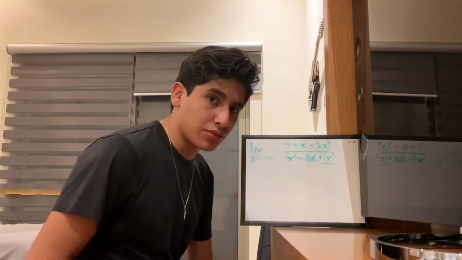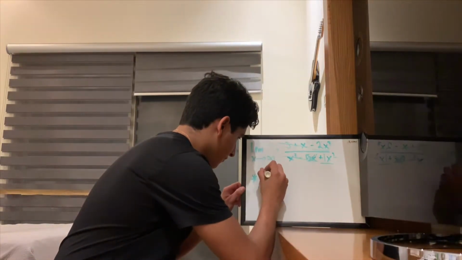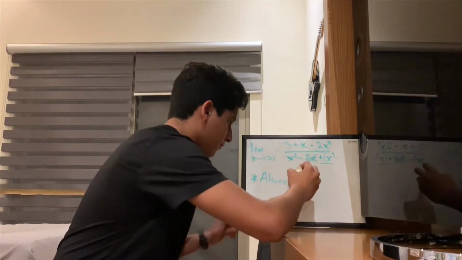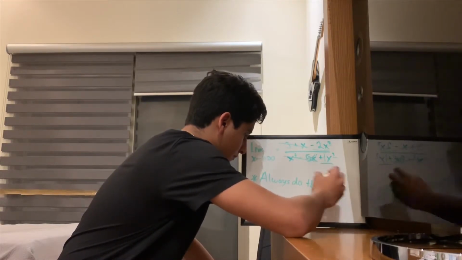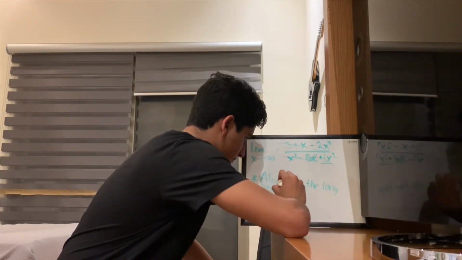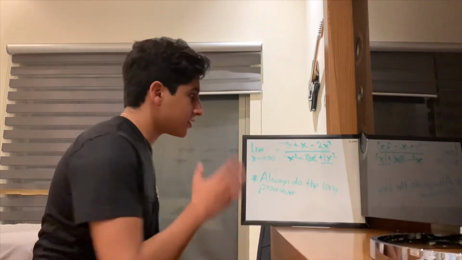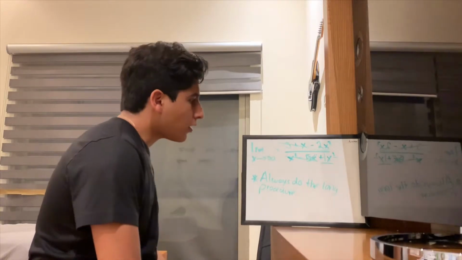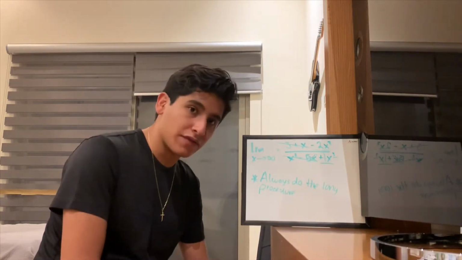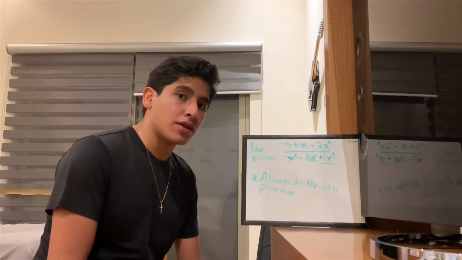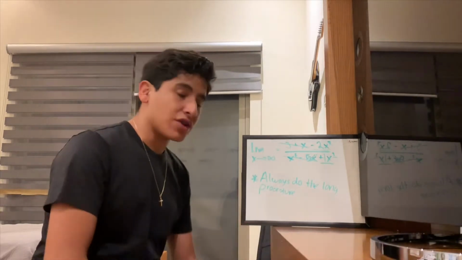Now, this rule is a personal recommendation of mine. Always do the long procedure, because the shortcut might not be entirely trustworthy. But if you do the shortcut, you can use the long procedure to check, or the other way around.